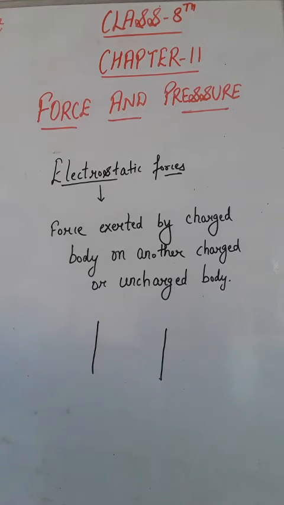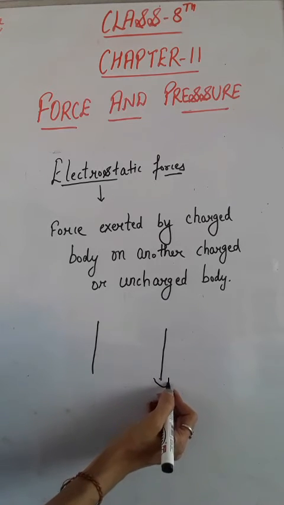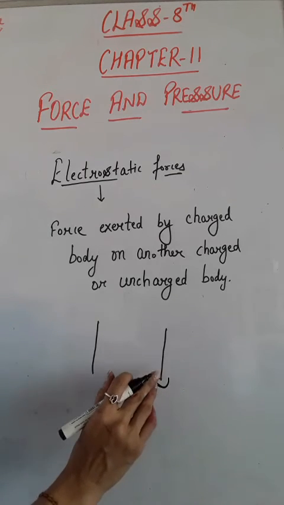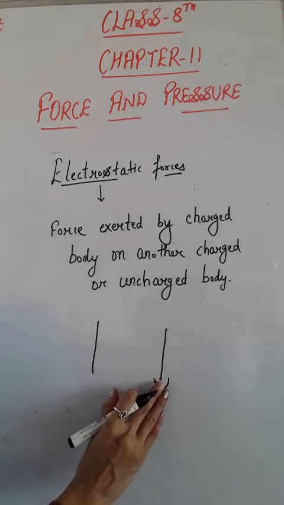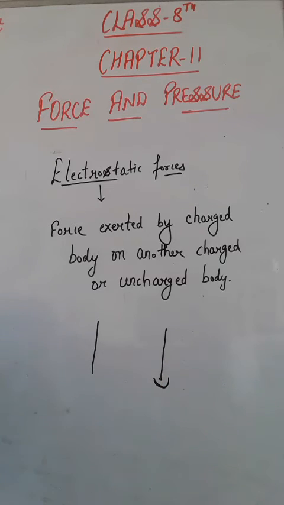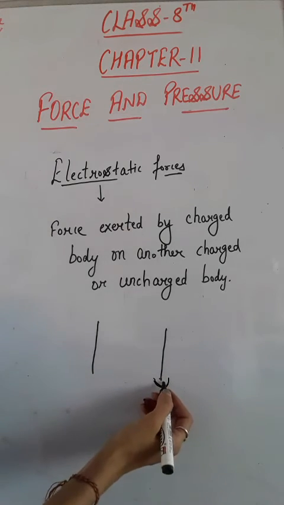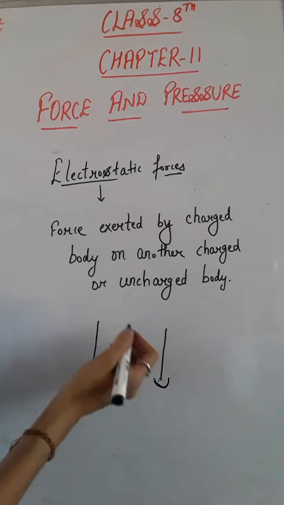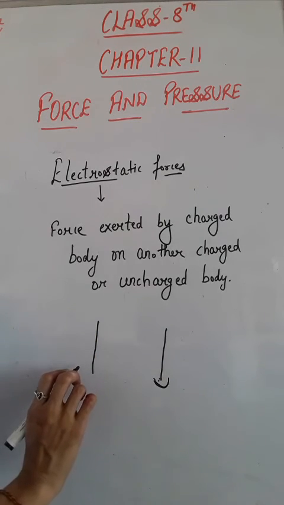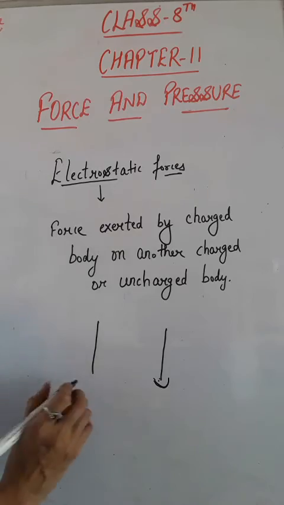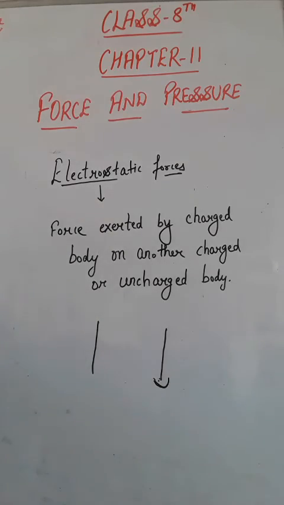Clear? I charged this straw by rubbing a piece of paper on it. So the force exerted by a charged body on another charged or uncharged body is known as electrostatic force.